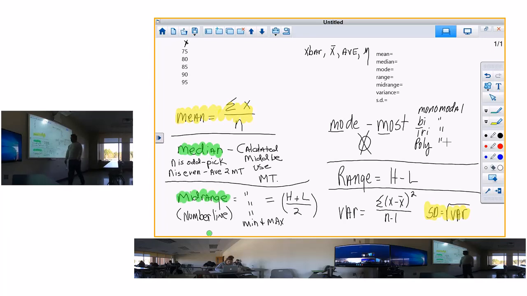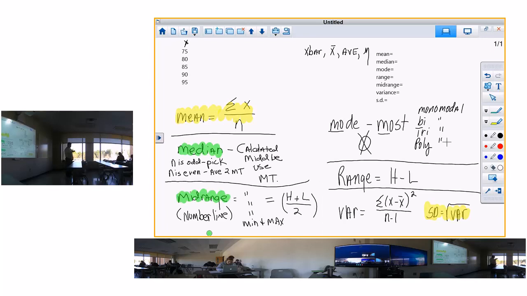Mid-range. The ones that I have not highlighted are the ones that I really don't care about, but you need them for a certain reason, or you need them for a homework question. Why is the variance not important? It's important in more advanced statistics courses, but not this one. And the reason you need it is so you can take the square root of it. That's why you need it.